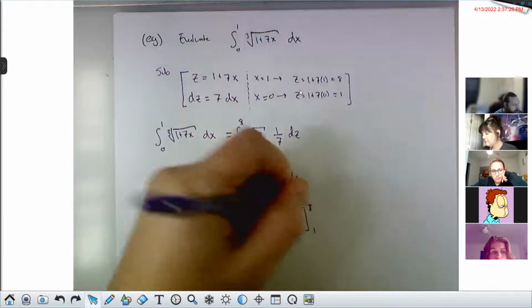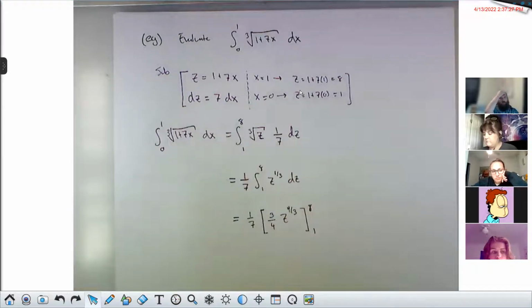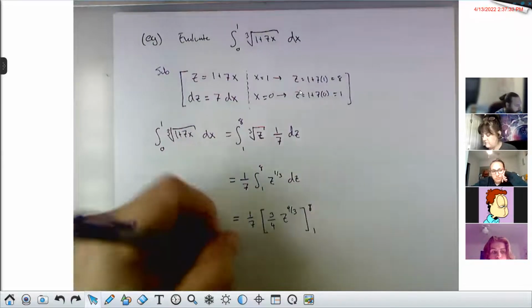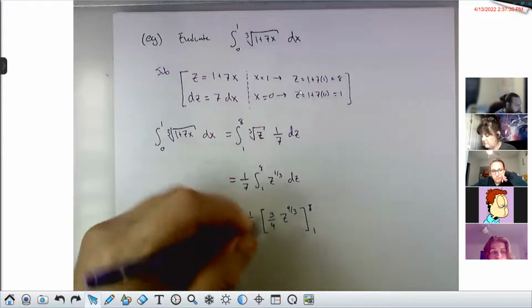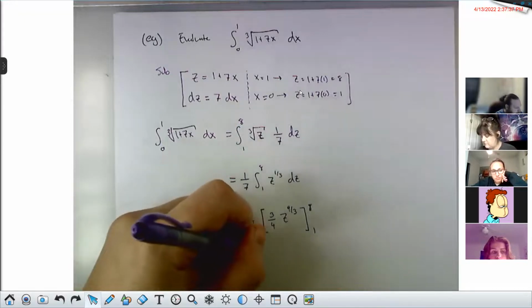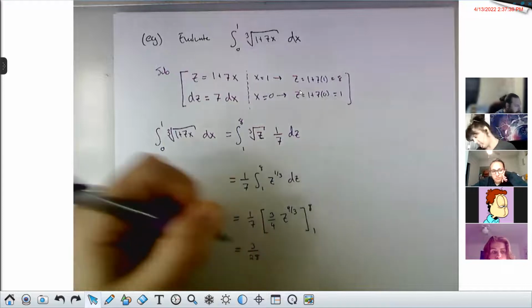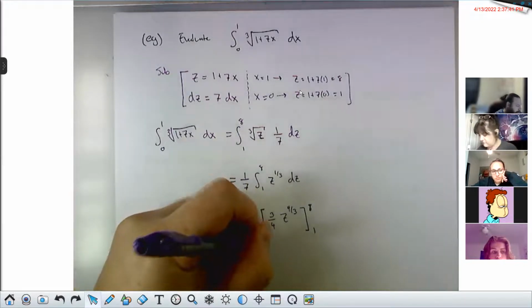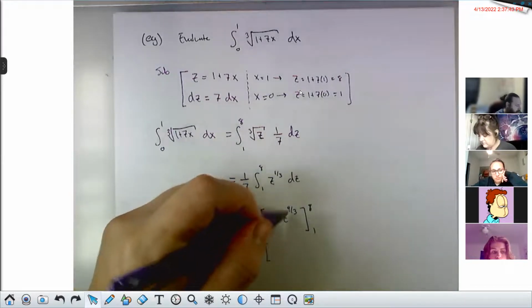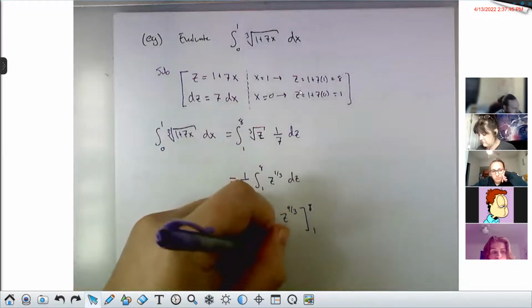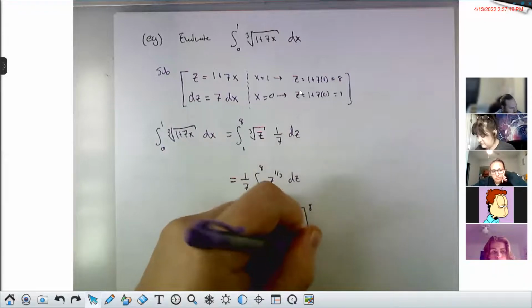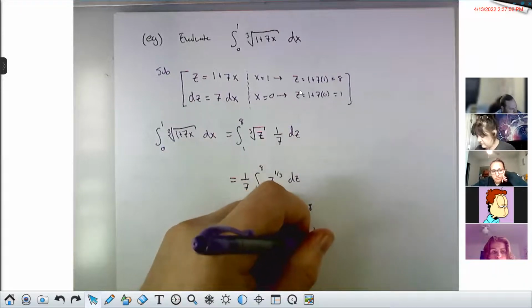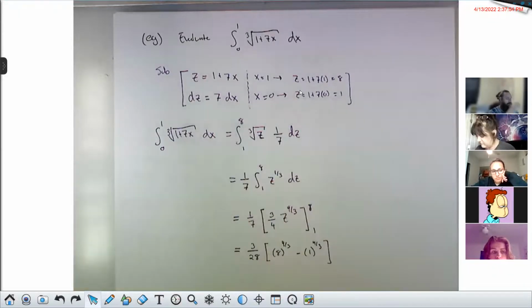And this needs to be evaluated from z equals 1 up to z equals 8. We can pop the 3/4 out if we want. That'll give me 3/28. And then inside here, I'd just have z to the 4/3. So that'll be 8 to the 4/3 minus 1 to the 4/3.